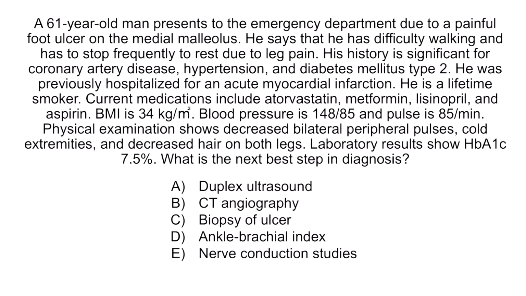Answer choice A is incorrect because even though the duplex ultrasound can show arterial stenosis, it's not the best initial step. Option B is incorrect because although CT angiography is used to identify atherosclerotic arteries, it's invasive and it actually subjects the patients to radiation, and it's just not the first step in diagnosis.